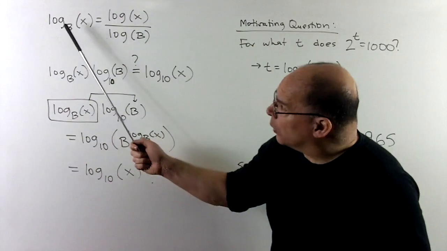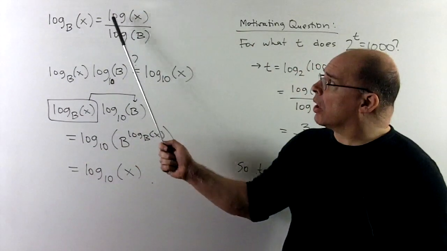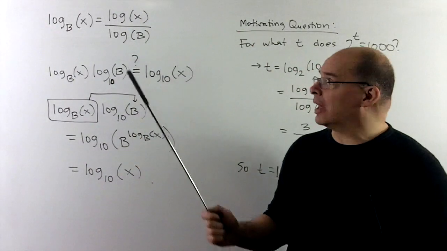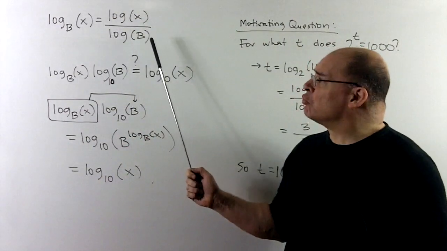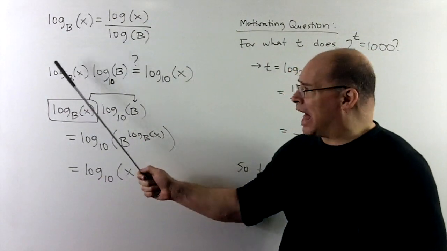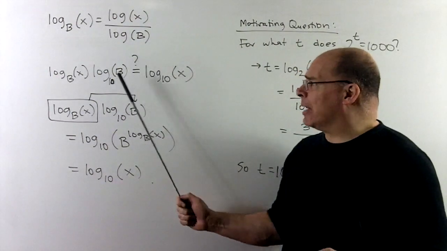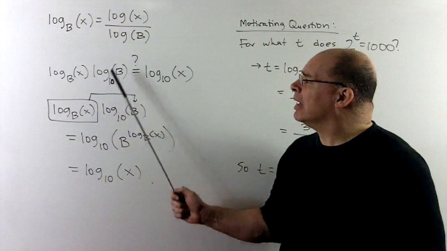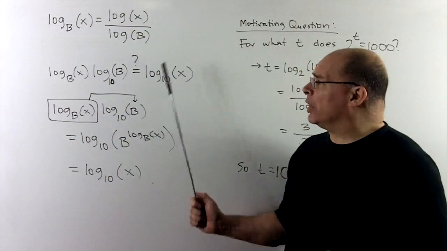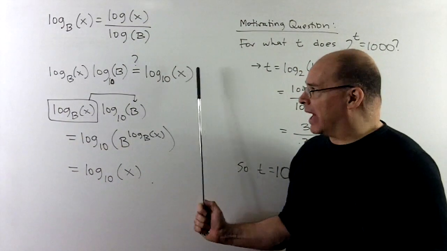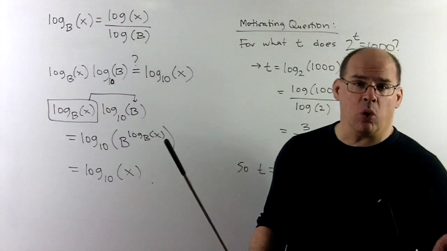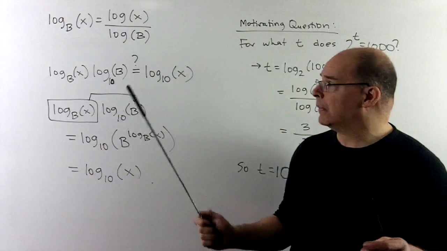First, although we're using the rule of quotients, I'm going to clear the denominator so that I'm really working with the statement log to the base b of x times log to the base 10 of b, is that equal to log to the base 10 of x? So that's just our rule in multiplied form.